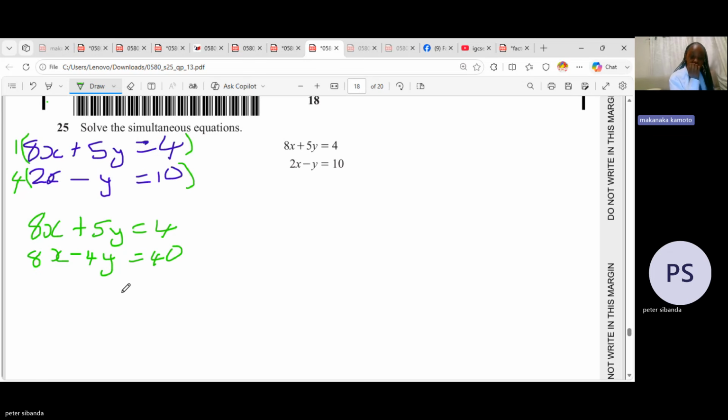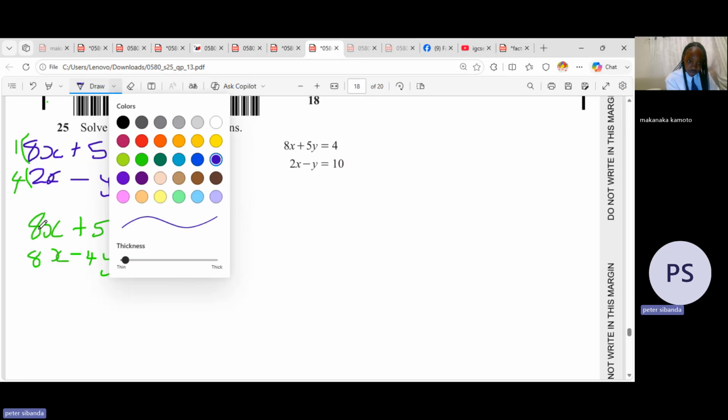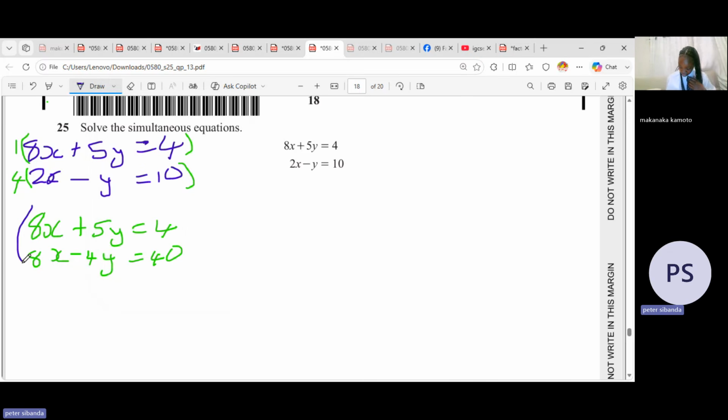So now we're subtracting 8x minus 8x to get the 0. The signs are similar here, so the decision is we subtract, all right? 8x minus 8x, you get a 0, so we come here.